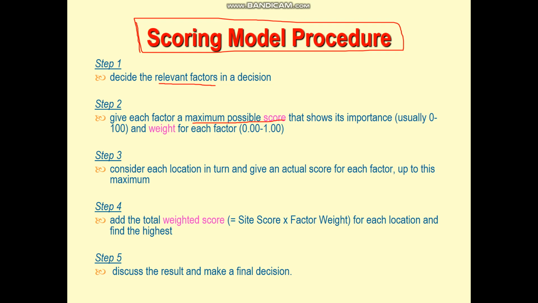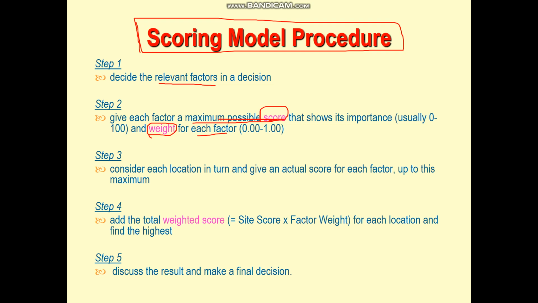Usually from 0 to 100. You can also measure it from 0 to 10. It depends on you. And then the weight of each factor: how important is that factor compared to other factors? And normally it's from 0 to 1.